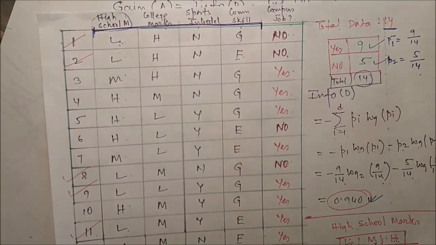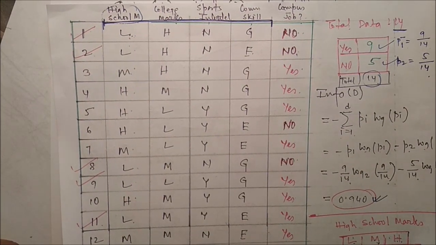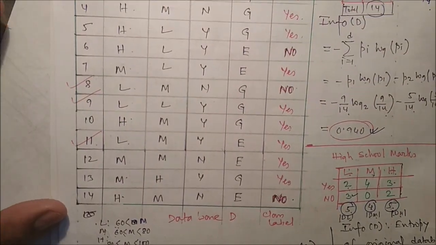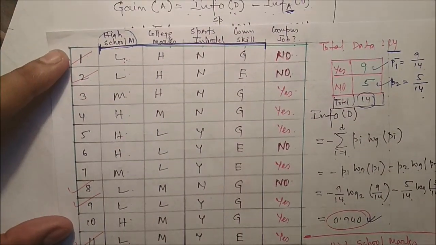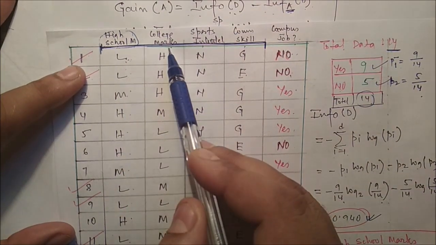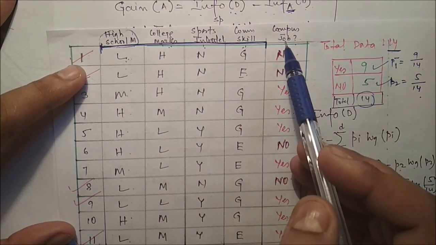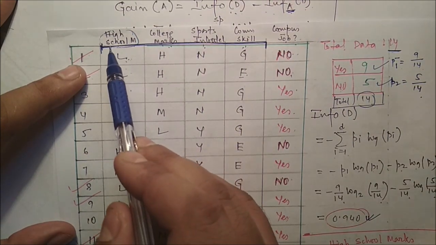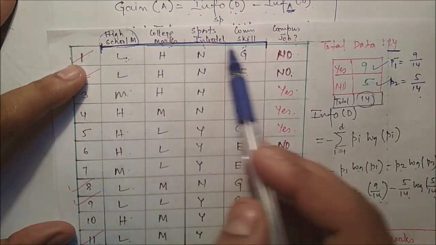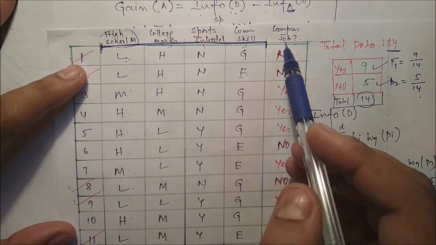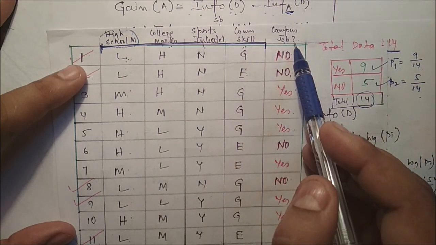We have a table that we have already discussed. In this table 14 rows, or tuples, are there, and the attributes are high school marks, college marks, sports interested, and communication skill, where these four are the input attributes, and the last one is our class label, campus job.